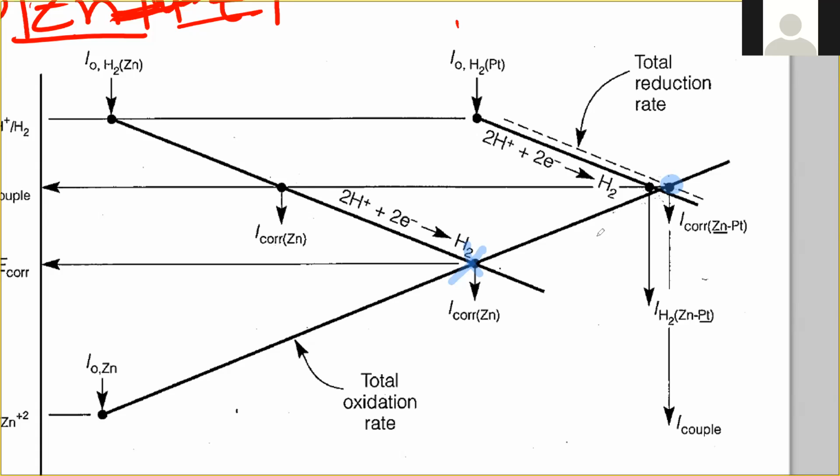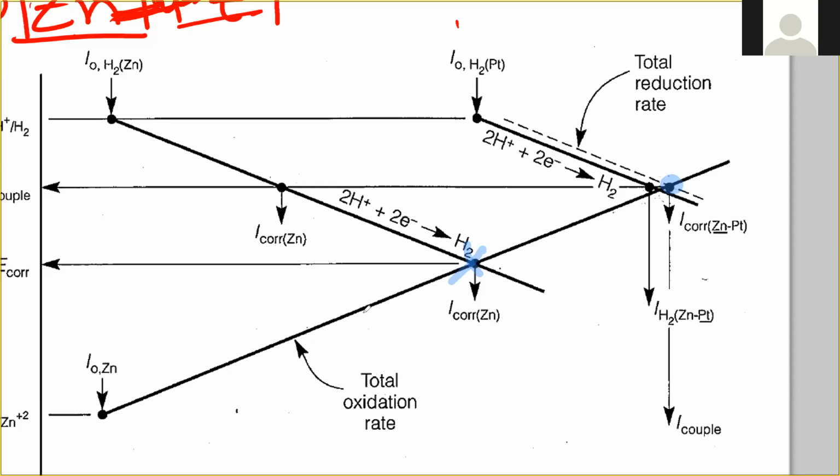Kasi sabi dito sa module, we can calculate the corrosion rate if data are available from corrosion potential and polarization behavior.